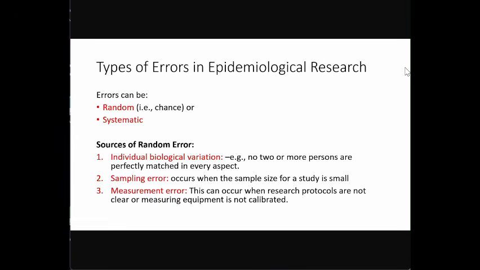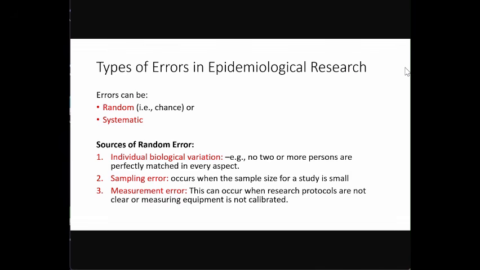Now, the other one is sampling error. It occurs when the sample size of a study is small. It can also occur when you don't use what we call the probability method in sampling.